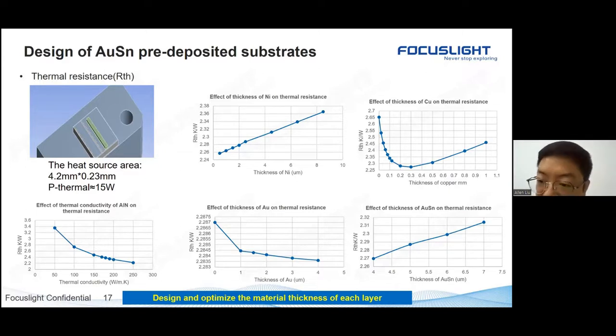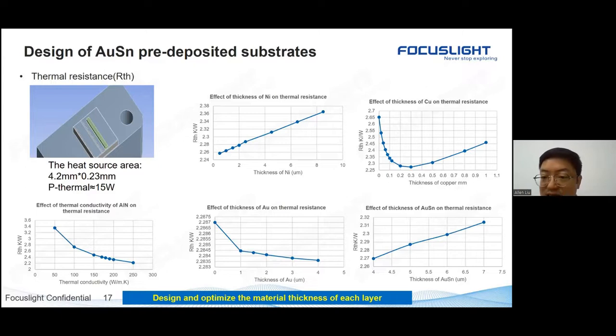If the copper thickness goes from 0 to 0.3 millimeters, the thermal resistance drops very quickly. Then, if you increase the copper thickness from 0.3 to 1 millimeter, the thermal resistance becomes higher.